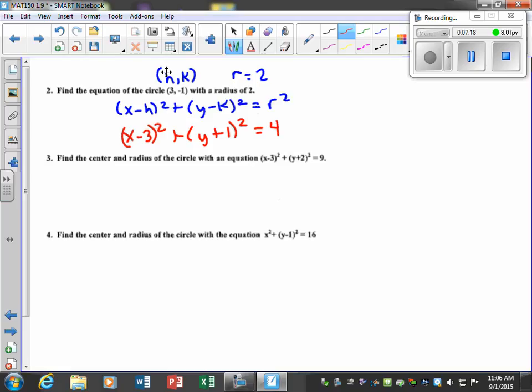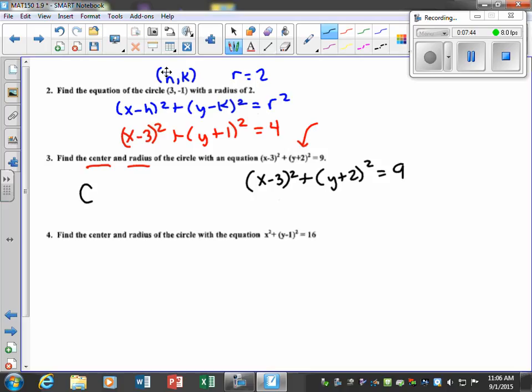Now we're going to see the reverse of that. Number 3 says find the center and the radius. This time they give us the equation and ask us to find the center and the radius. So it's kind of like the opposite of number 2. This is x minus 3 squared plus y plus 2 squared equals 9.